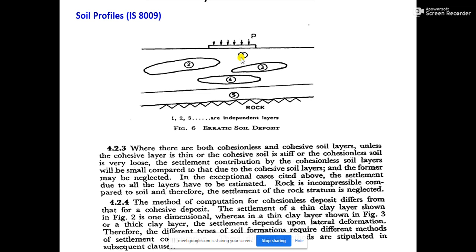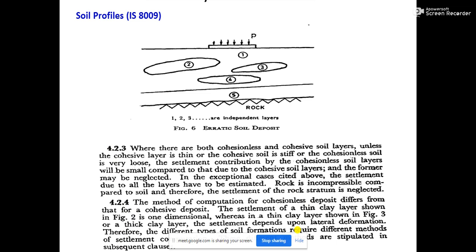Now, if you go through IS 8009, I have taken these two clauses from IS 8009. Whatever I have discussed till now is summarized here.